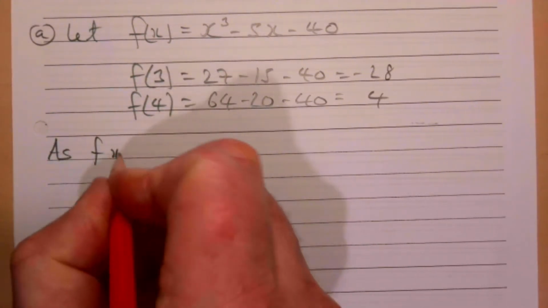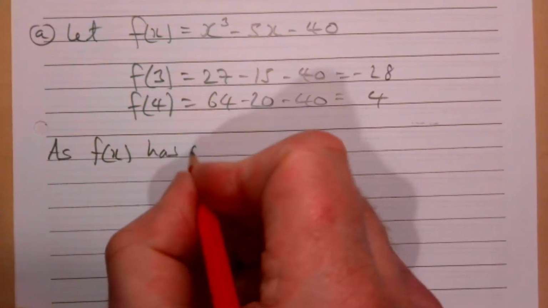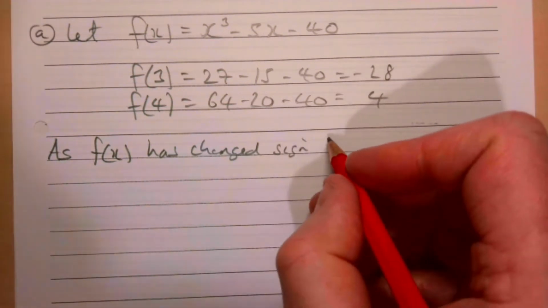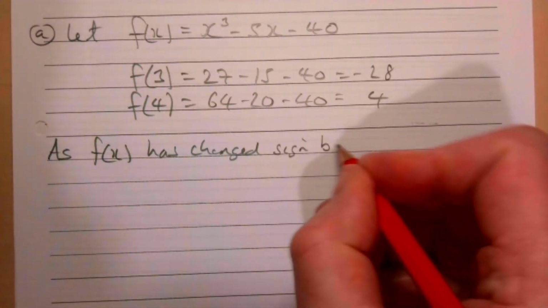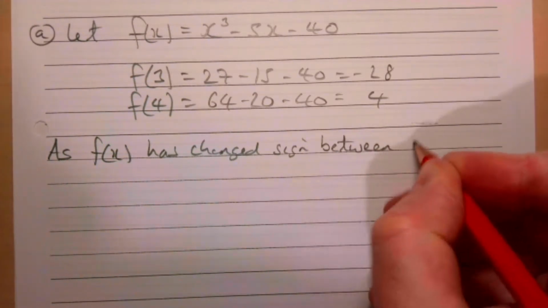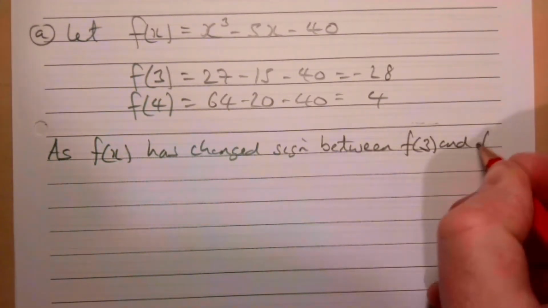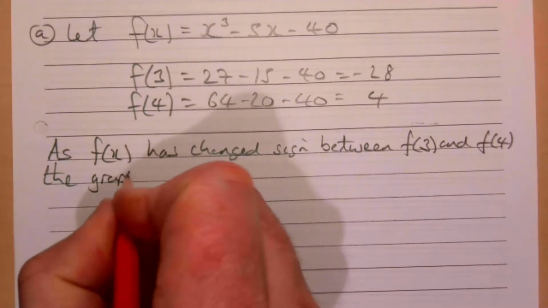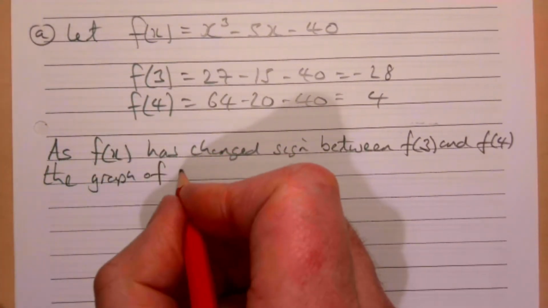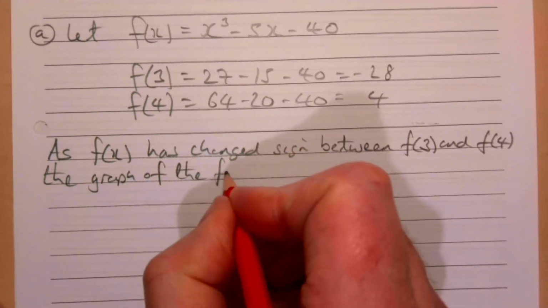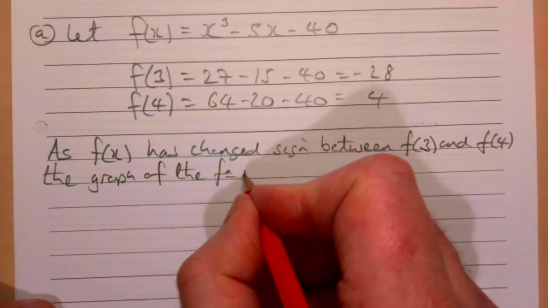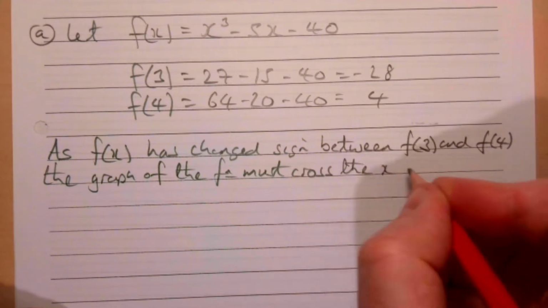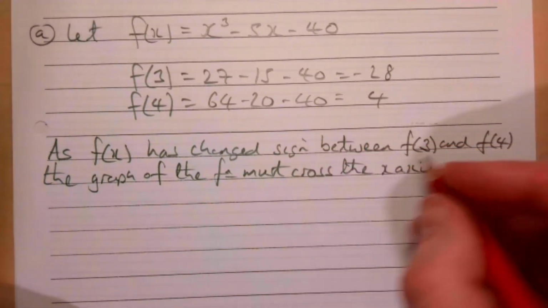As f of x has changed sign between f of 3 and f of 4, the graph of the function must cross the x-axis in this interval.